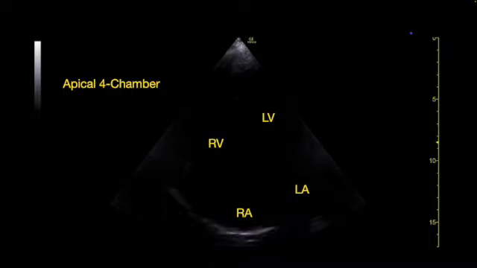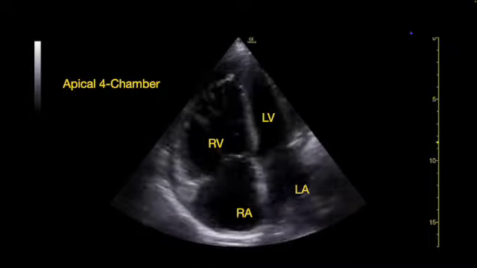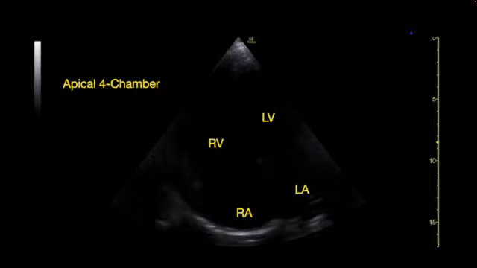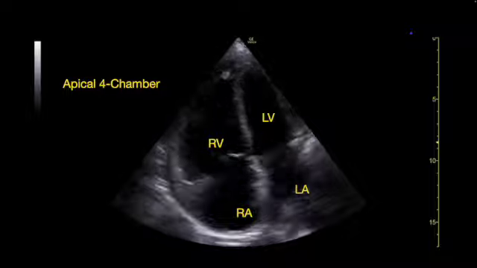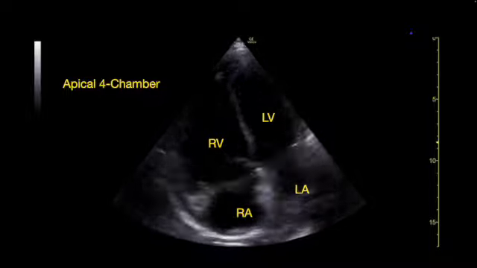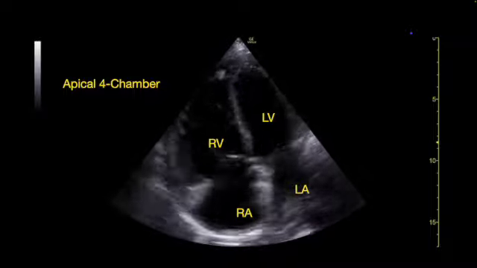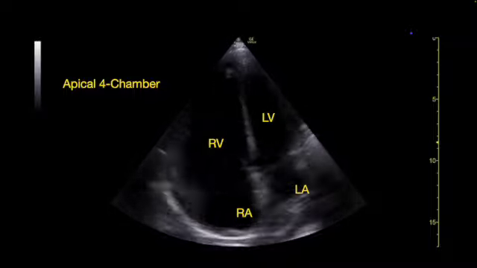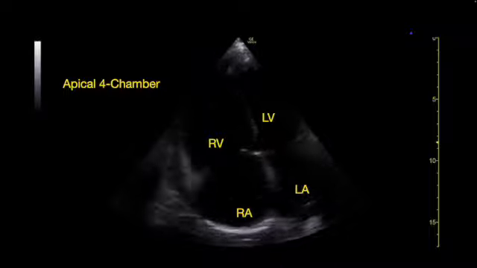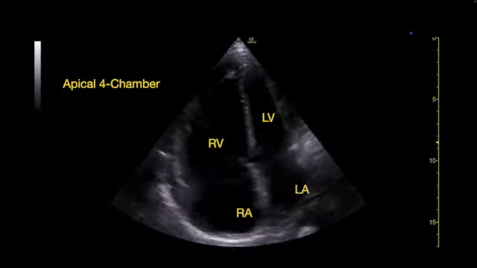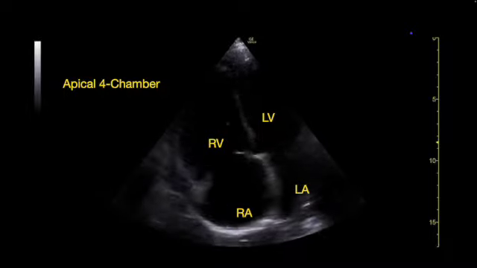This is a nice apical 4-chamber view. What do you see? How's the squeeze? How's the chamber size? Is there any fluid around the heart? Not the best view to assess systolic function, but in general, there appears to be thickening and thinning, right?